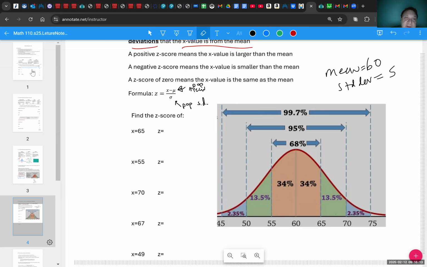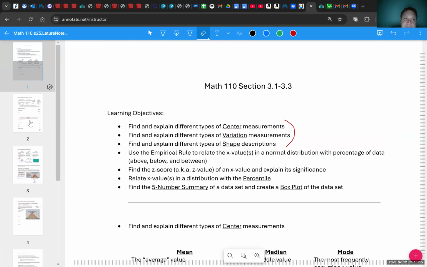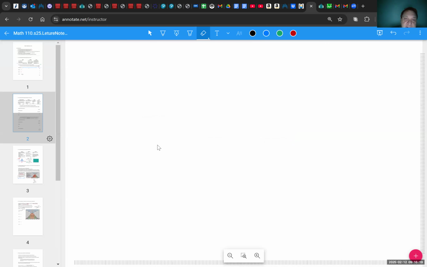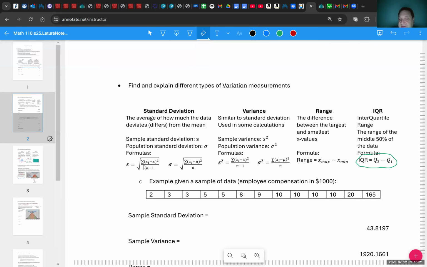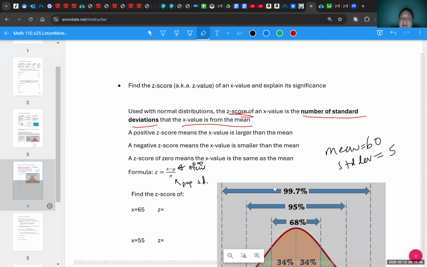I'll go back real briefly. Oops, not there. Is it here? Yeah, there it is. So this is the calculation formula. You can do it by hand if you're really brave, but we typically use technology, put all those numbers in there, do all the crunching, and you get a number out. That's the standard deviation. I just want to mention this graph right here.